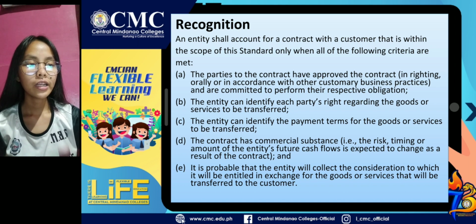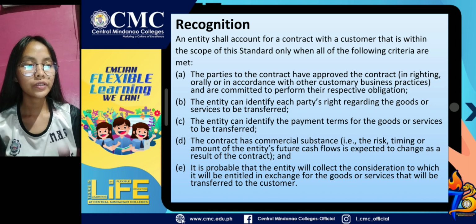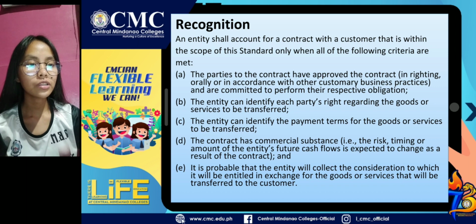The entity can identify the payment terms for the goods or services to be transferred. Next, the contract has commercial substance. The risk, timing, or amount of the entity's future cash flows is expected to change as a result of the contract, and it is probable that the entity will collect the consideration to which it will be entitled in exchange for the goods or services that will be transferred to the customer.